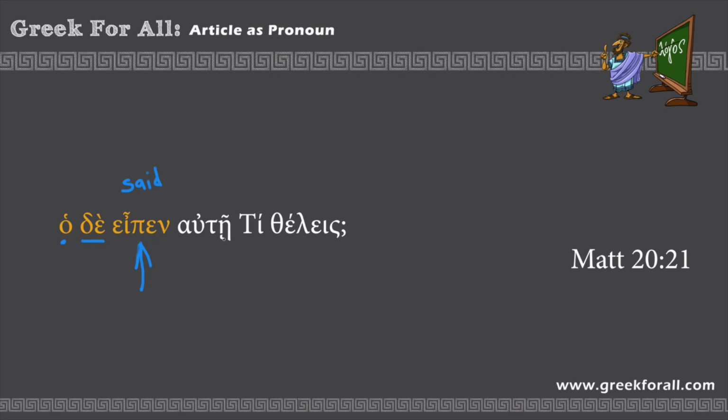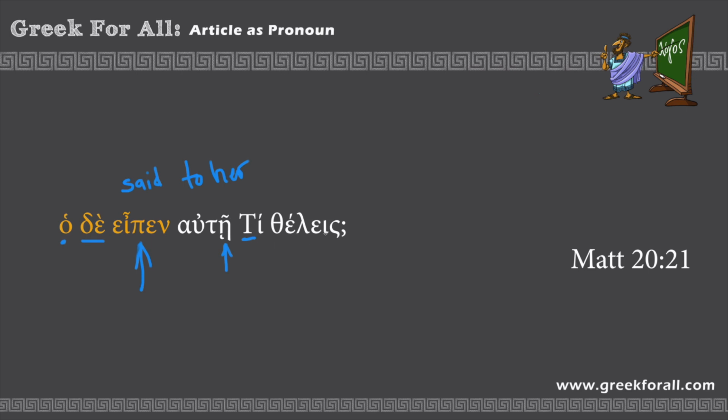Now let's work with the rest of the sentence. Aute, to her. We can see this iota subscript, so this is dative. So said to her. Now we see the capital letter, which means that this is direct speech. We have the words of saying, and then we have a capital letter, so it confirms that this is the direct speech.